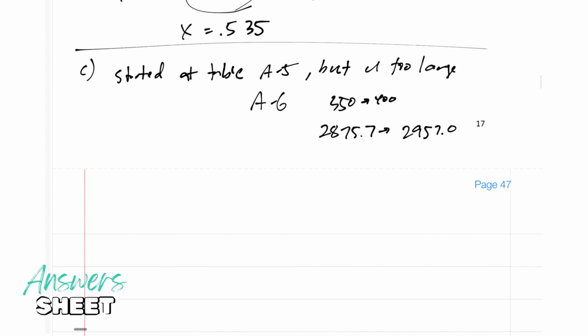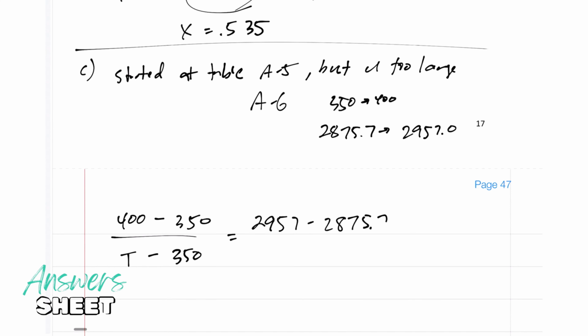All right, so I like to do top minus bottom over middle minus bottom equals top 2957 minus bottom 2875.7 over middle minus bottom. And the middle would be 2950.